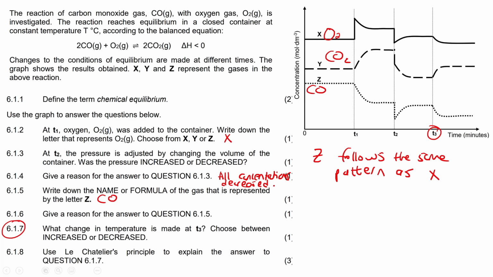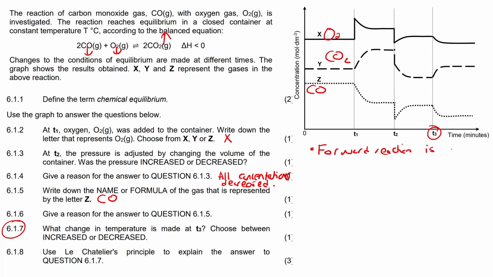So the amount of CO2 is going up and the amount of oxygen and CO is going down. So definitely the forward reaction is favored. That's the first important thing we've noticed: the forward reaction is favored.